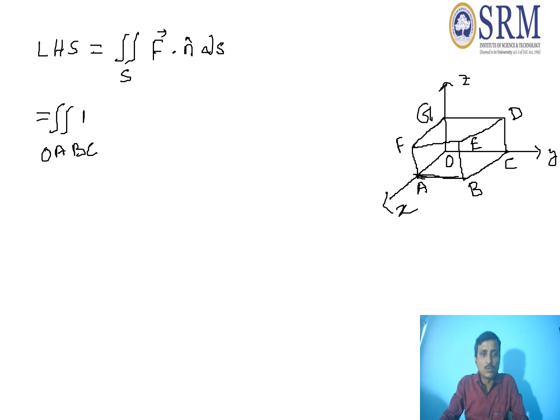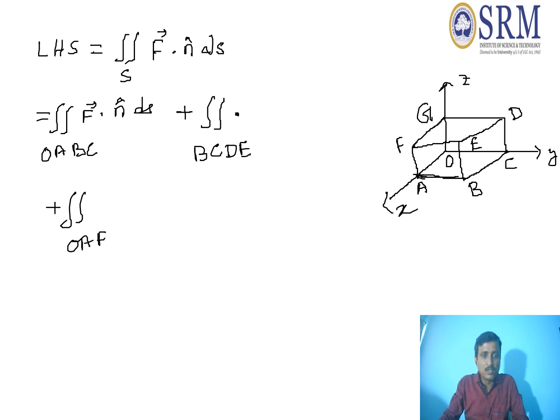So that means the integral over OABC of F dot n dS. Similarly the other surfaces: BCDE is another surface, similarly F dot n dS. So there are six surfaces, note them down.